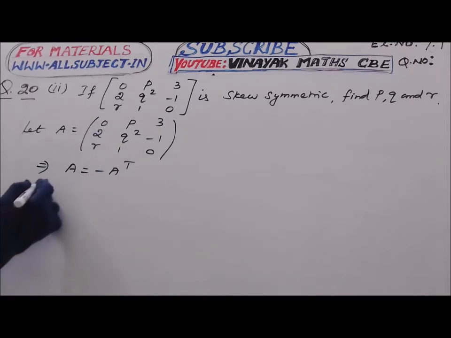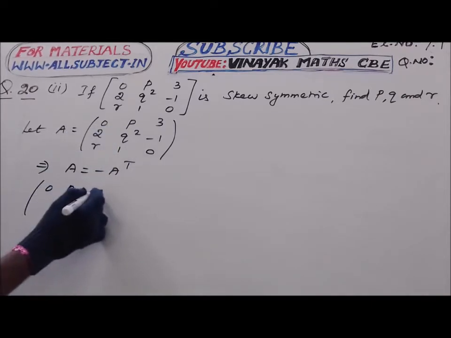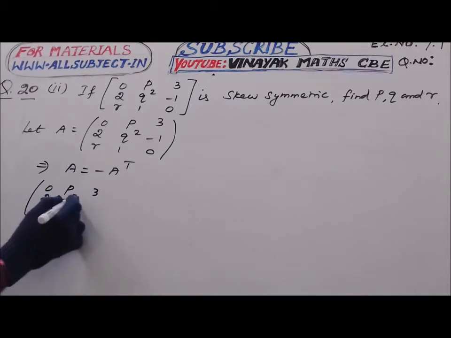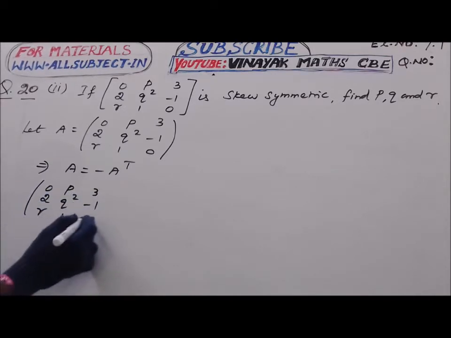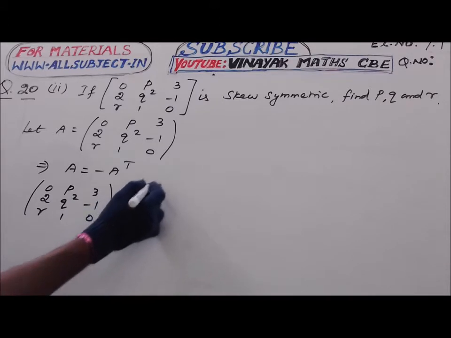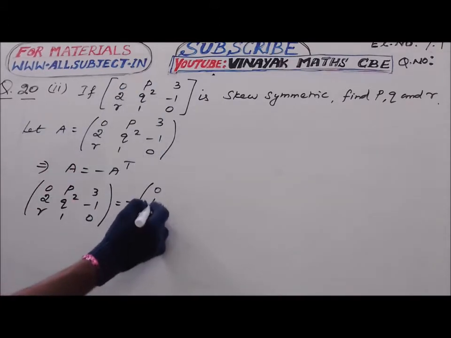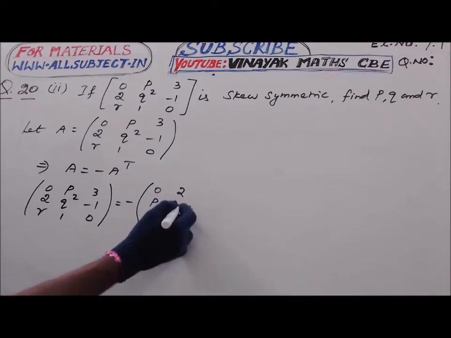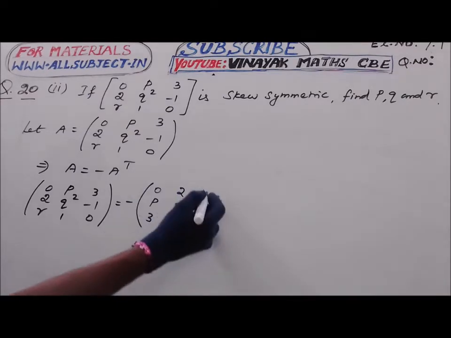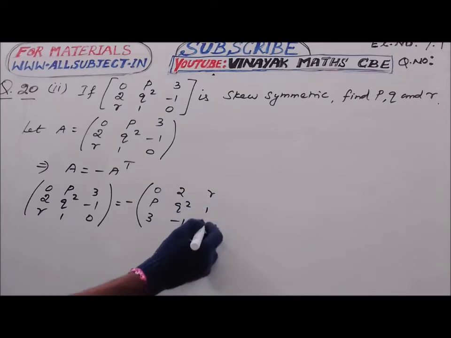Now A is [0, P, 3; 2, Q², -1; R, 1, 0], which is equal to minus of A transpose. Transposing the given matrix A, we get [0, 2, R; P, Q², 1; 3, -1, 0].